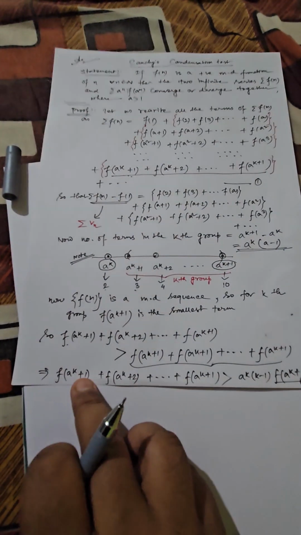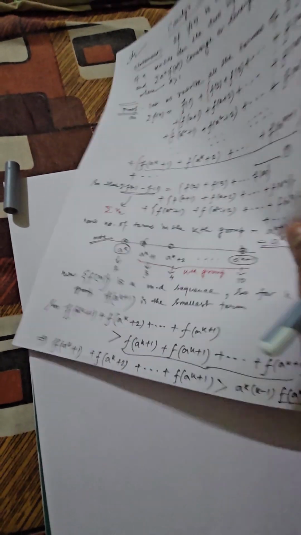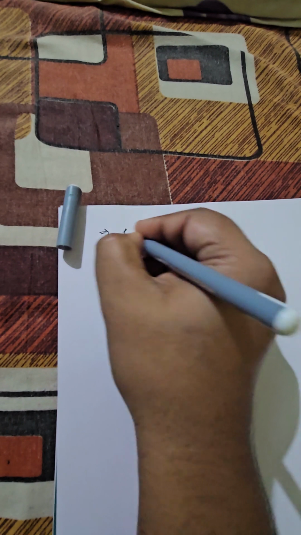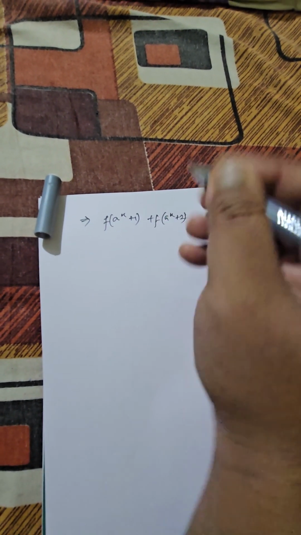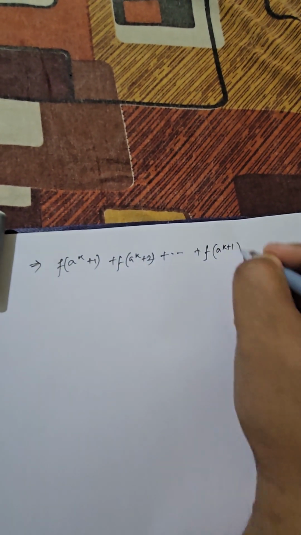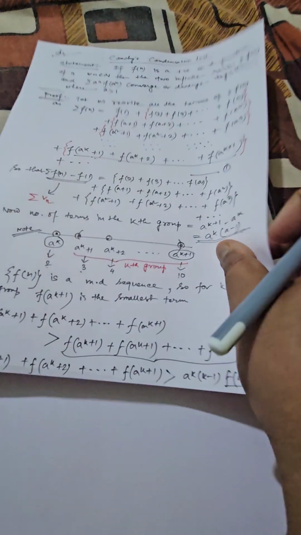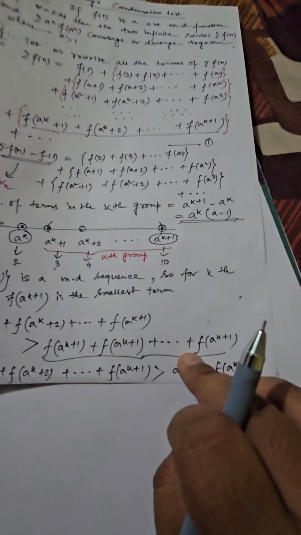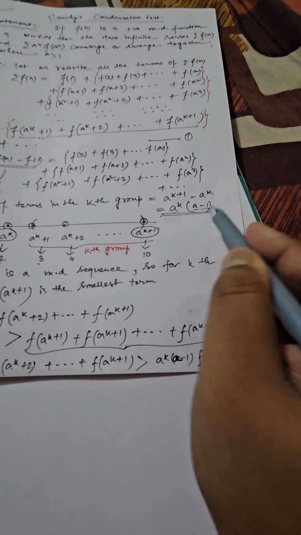So I can write, now just remember the left hand side, this portion will be same: f of a to the power k plus 1, f of a to the power k plus 2, dot dot dot, f of a to the power k plus 1. This part, I will write as what? It should be actually a minus 1, not k minus 1, because already we have obtained a minus 1.